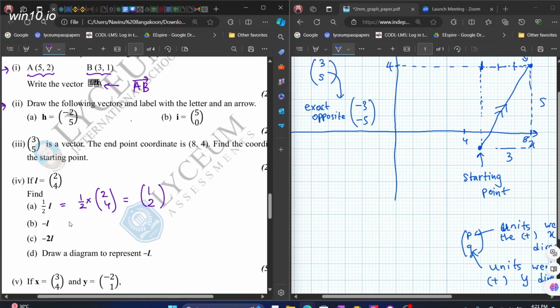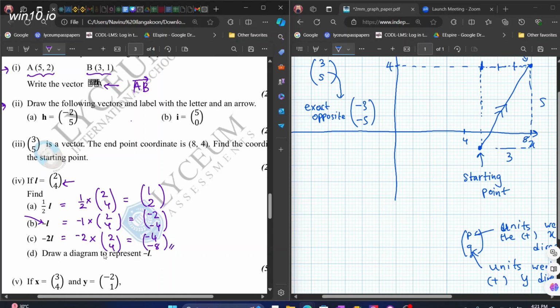This is our answer. Then we have to find minus L. Minus L means the exact opposite vector of L. So we have to multiply both these terms by -1. That's what we have to do. (2, 4). Then the exact opposite is (-2, -4). Simple as that. Then we have to get -2 times L. So we have to multiply by -2. Then we get (-4, -8).